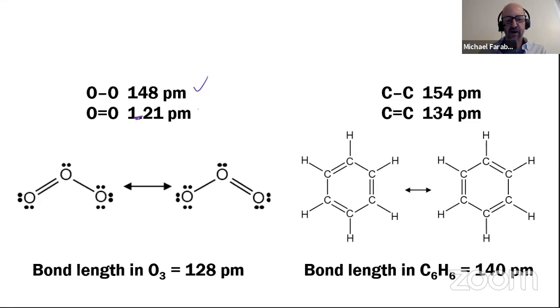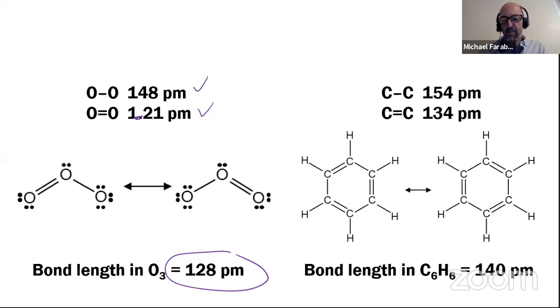Okay. Now, just from this data, you can tell that a double bond is shorter than a single bond, as you should know. Now, because there are two equivalent resonance structures, the actual bond length in ozone, O3, is somewhere in between 121 and 148. This is benzene, C6H6, and we have two resonance structures.